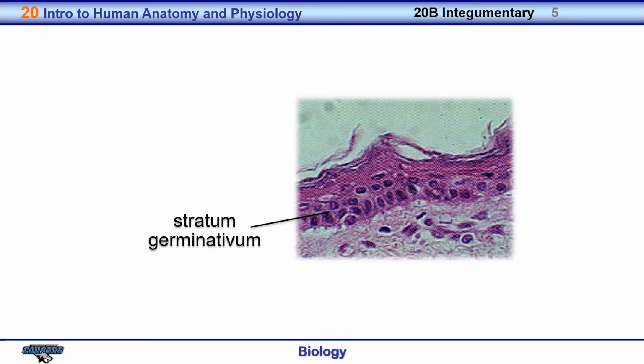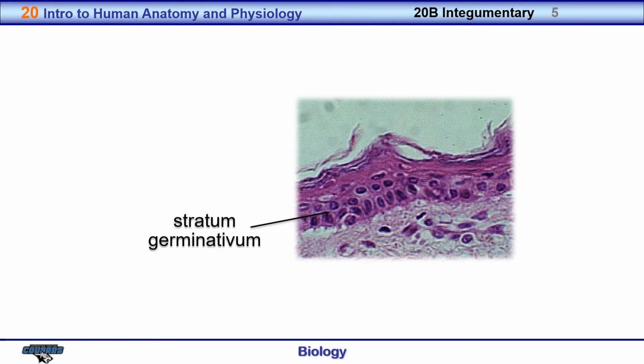Now, below that, the deepest layer of the epidermis is called the stratum germinativum. They call it the basal layer. This single cell layer carries on cell division and produces new cells, so that when we slough off cells on the outside of our skin, this produces the new ones.